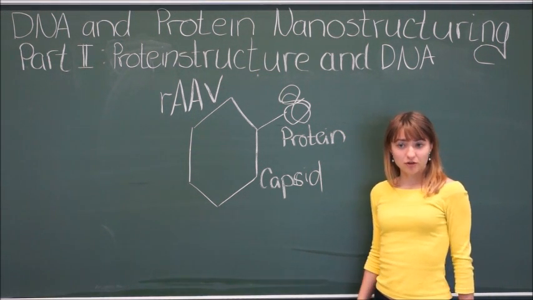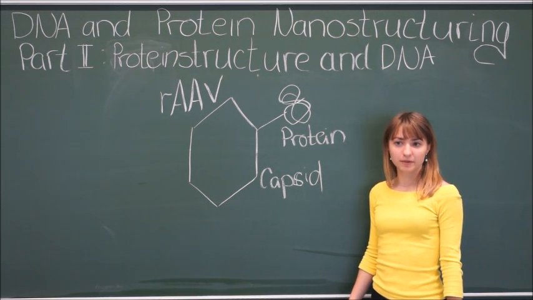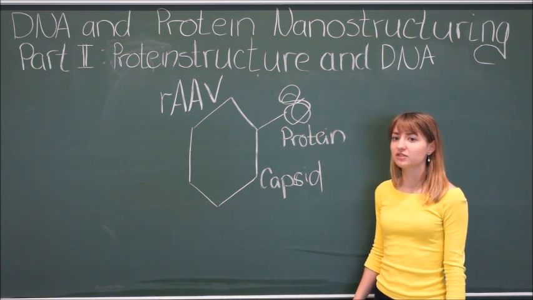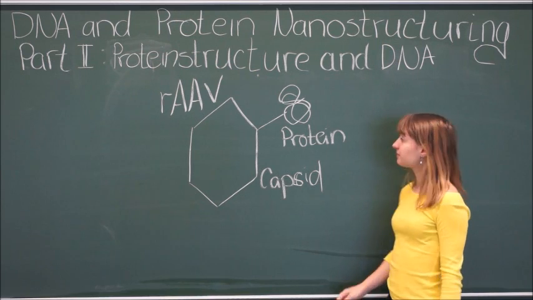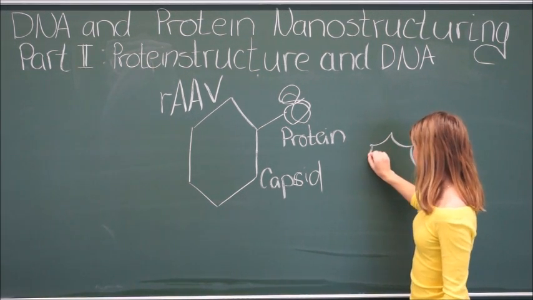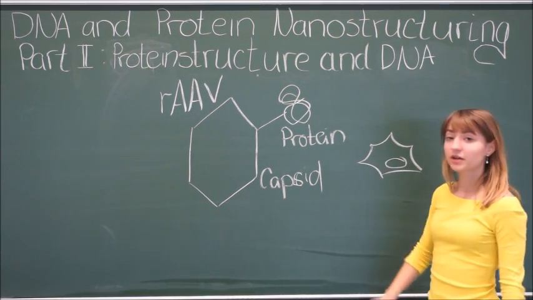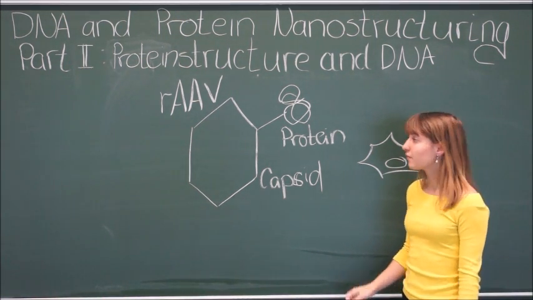The production of recombinant adeno-associated virus proceeds in human embryonic kidney 293 cells, by co-transfecting with 4 plasmids.